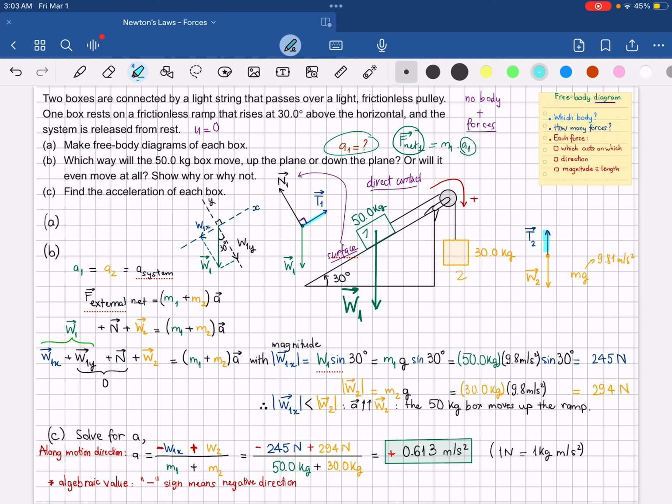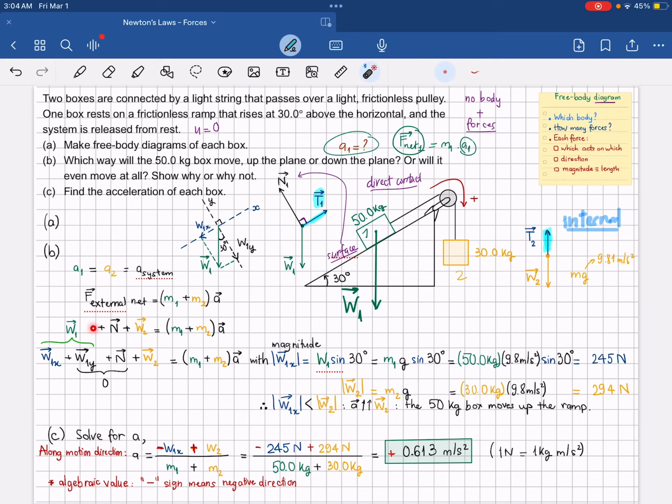No, right? Because this one is exerted by mass 2 on mass 1, so it is internal, and this one is exerted by mass 1 on mass 2, so it's also internal. They are internal. So if it's internal, it's not external, so we don't include them in this list.